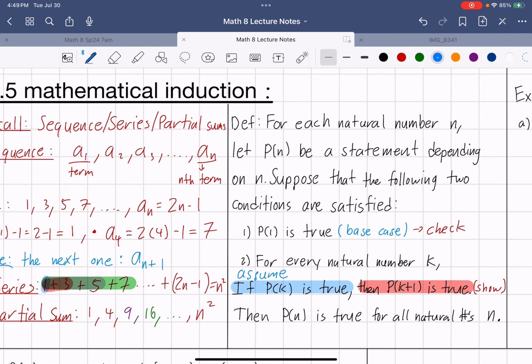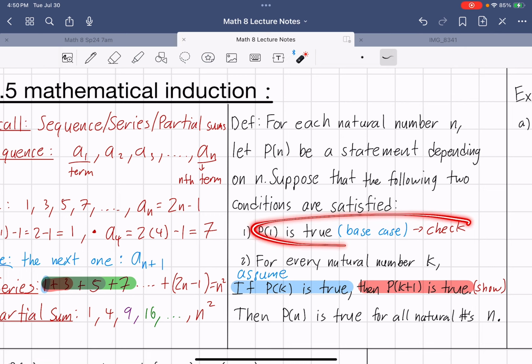Because the idea is we check the first one, and we're assuming that K is true, meaning I know this is working all the time, right? I just checked it. I can check first, second, third, fourth, fifth. At this point, I'm pretty confident that it's going to work for every other term that follows, every partial sum that follows. But I need to prove that, right?